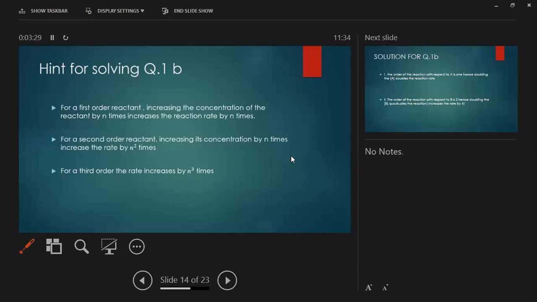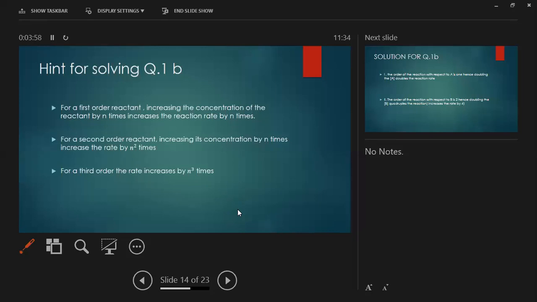Okay, so let's look at the second point there. If we look at an equation, let's say the concentration of a reactant has 2 attached to it, and that equation is an RDS equation, it means that equation is a second order reaction.